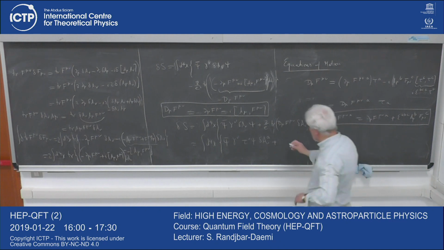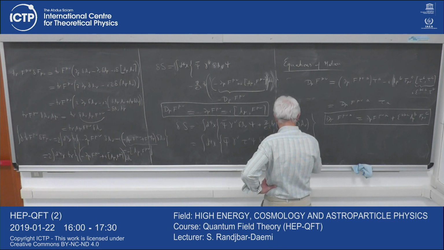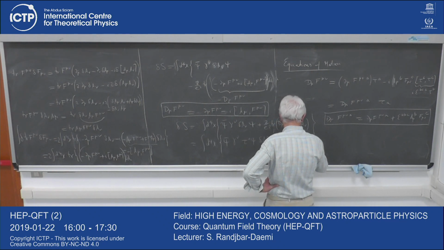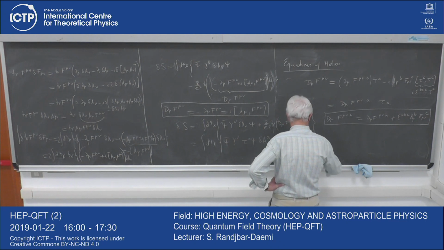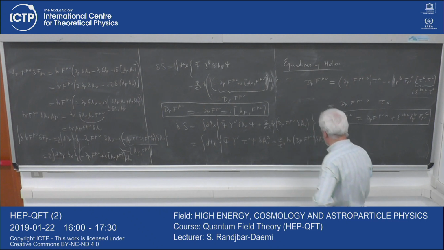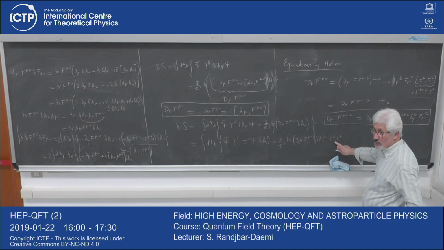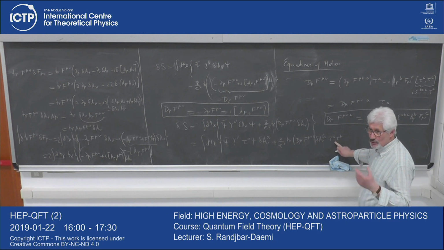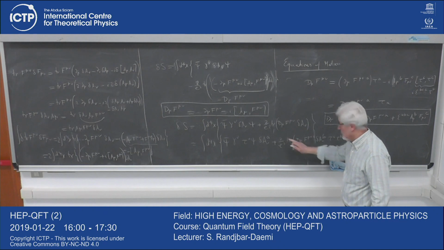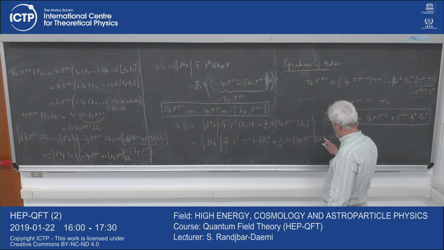So here I can therefore substitute 2 over e squared trace of d mu f mu nu a delta a mu b tau b, tau a tau b. The trace will hit only these tau a tau b, and it produces 1/2 of Kronecker delta ab, 1/2 will cancel the 2, and the Kronecker delta will turn b into an a, the label here.